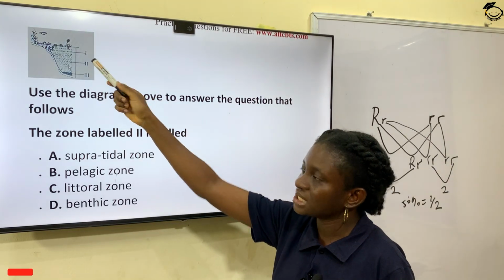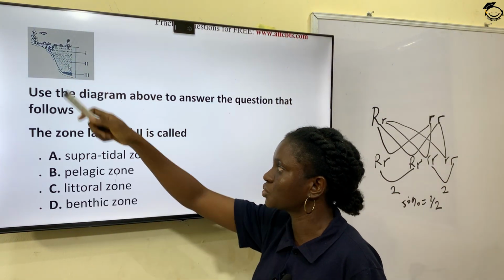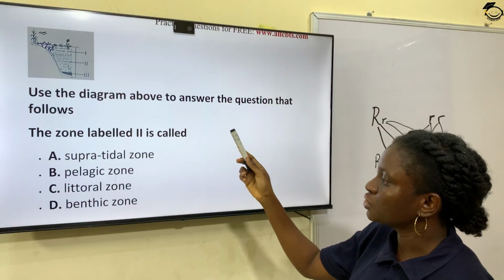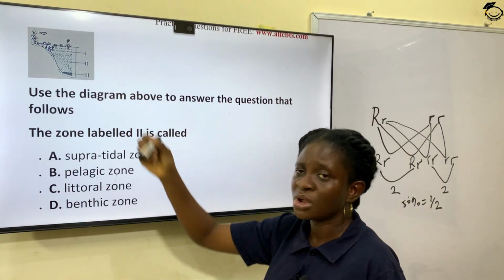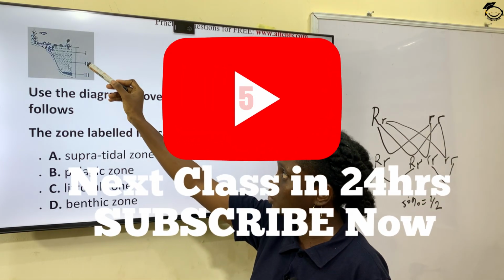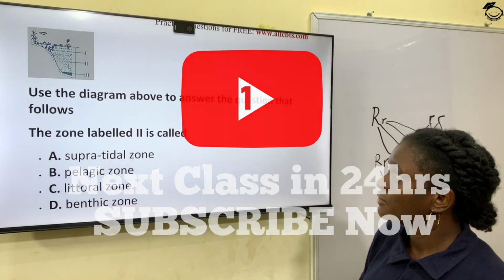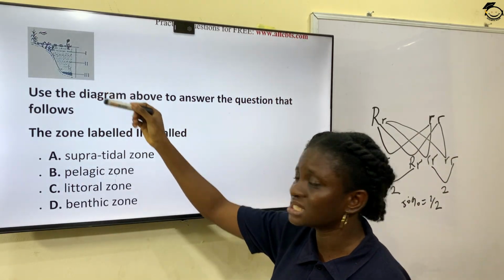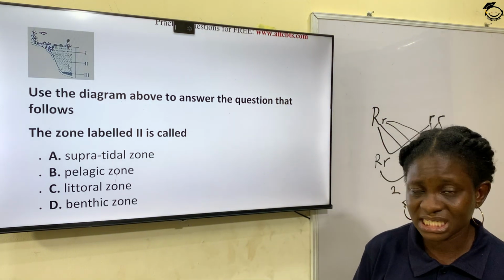Zone 1 is the upper part, when you see leaves growing on the upper zone, and that upper part is known as the littoral zone. Then we have the middle zone, where the sunlight penetrates, which is zone 2. That zone 2 is known as the pelagic zone. Zone 3, which is the bottom part, is known as the benthic zone.